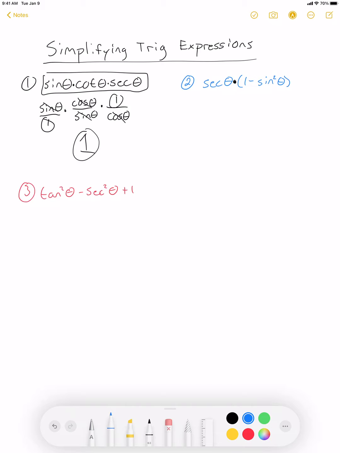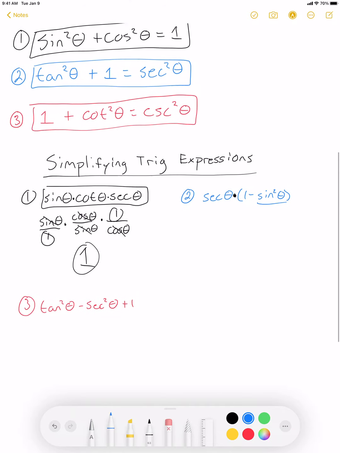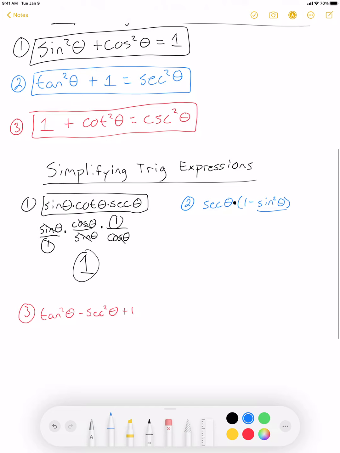One thing I want you to notice is anytime you see something like sine squared or cosine squared or secant squared or anything like that, I want you to think about these trig identities that we used before, the Pythagorean identities. Now, which one has a sine squared theta in it? This one right here.